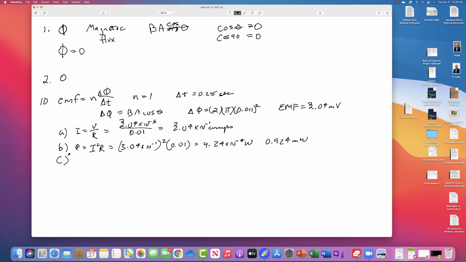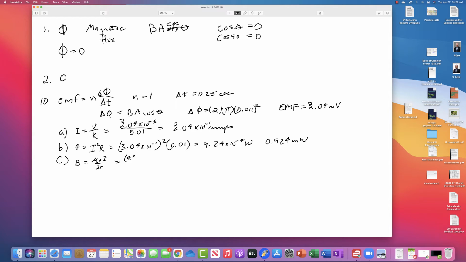And C, the question is, what magnetic field is induced at the center of the ring? Okay, so the field in the center of the ring from the last chapter is equal to mu 0 times I over 2r, where r is the radius. So mu 0 is a constant.